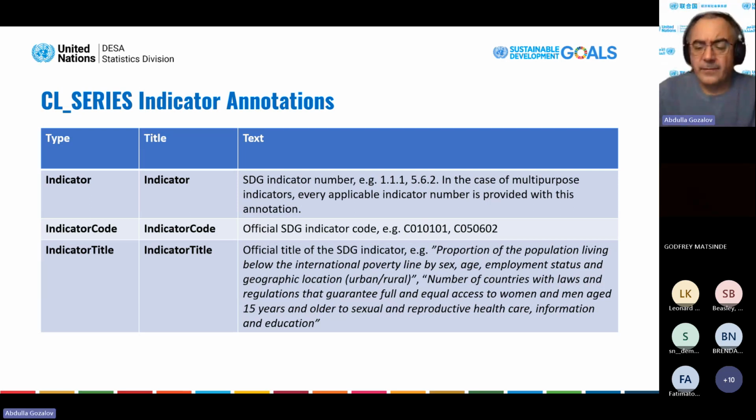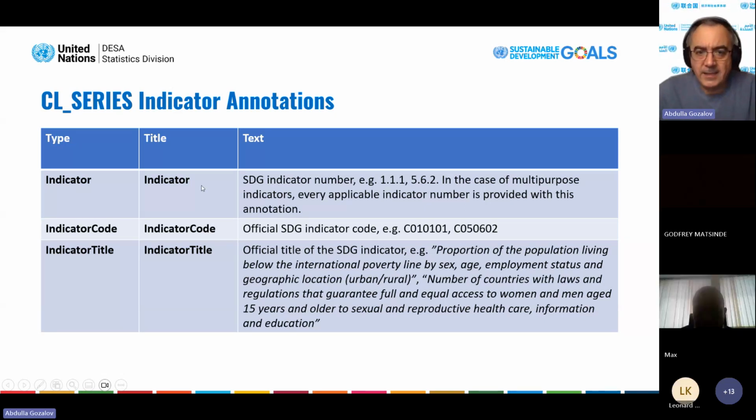And this is where we use annotations. The annotation indicator carries the indicator number, and it tells the machine which indicator a series belongs to, right? So this is the first annotation, indicator.